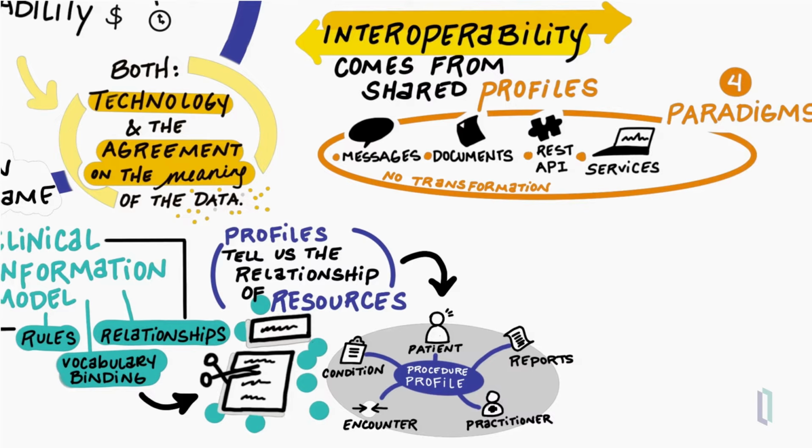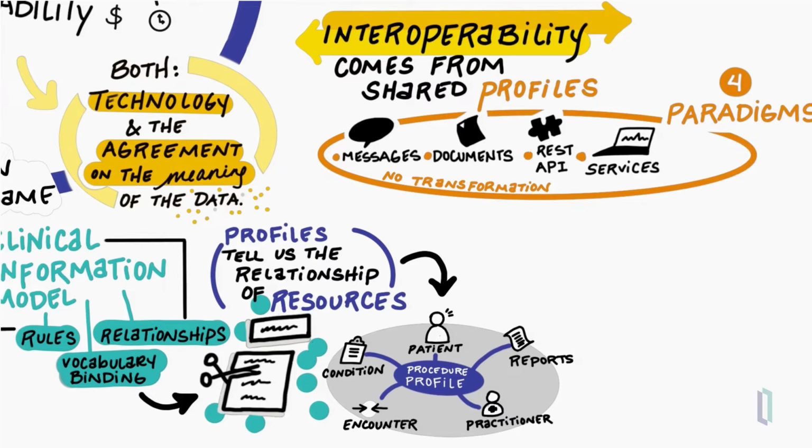And the procedure is performed on a patient, the FHIR patient resource. The procedure is performed because of a certain condition, the FHIR condition resource, and the procedure is usually performed within an encounter, the FHIR encounter resource, and it is performed by a practitioner, so the FHIR practitioner resource.